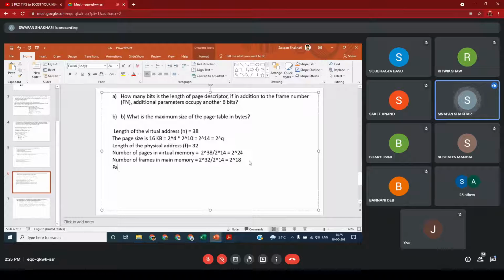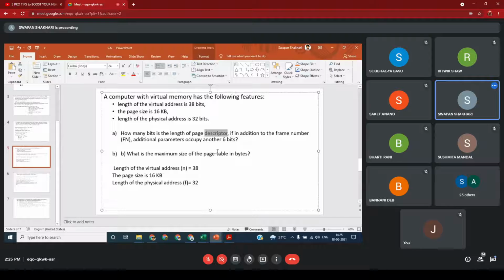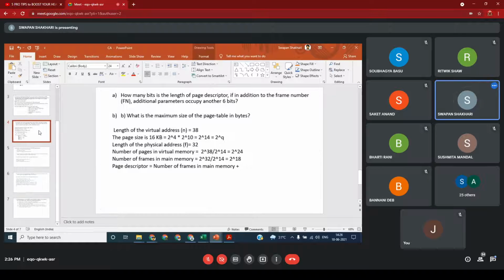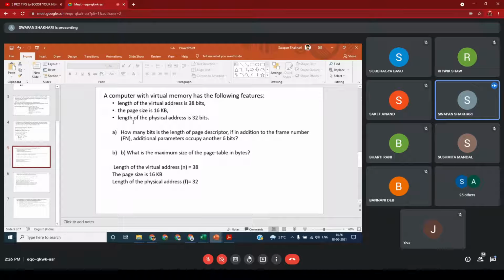So you can say page descriptor equals frame number plus additional parameters.